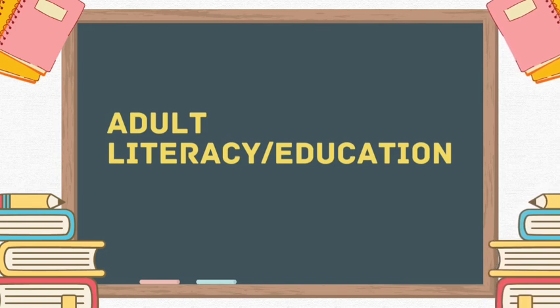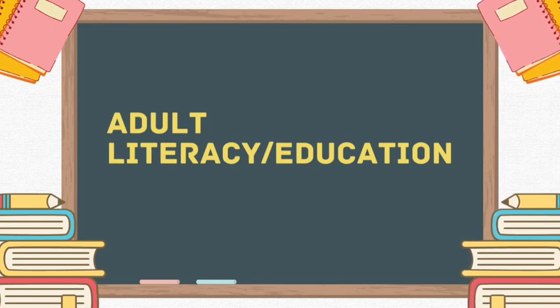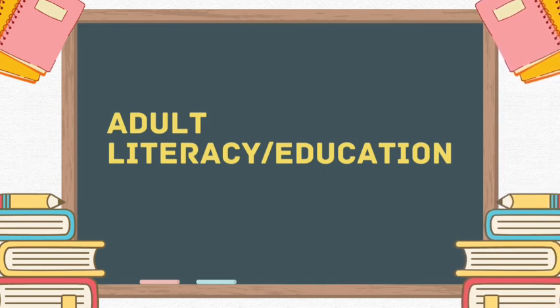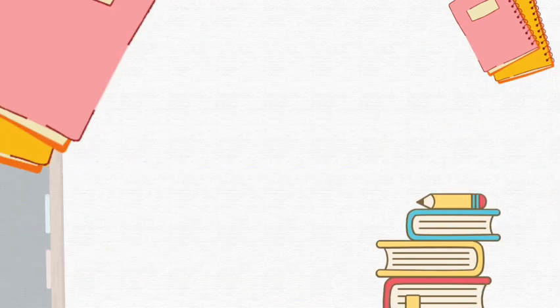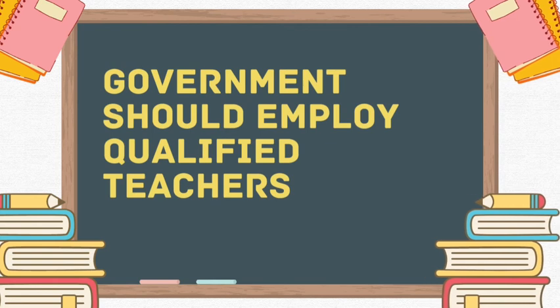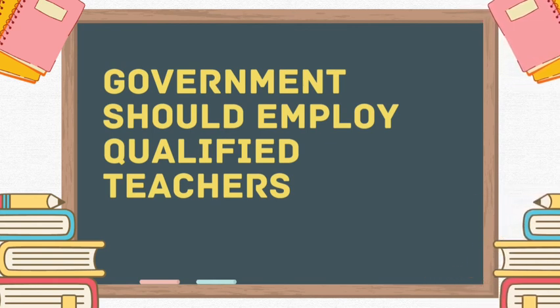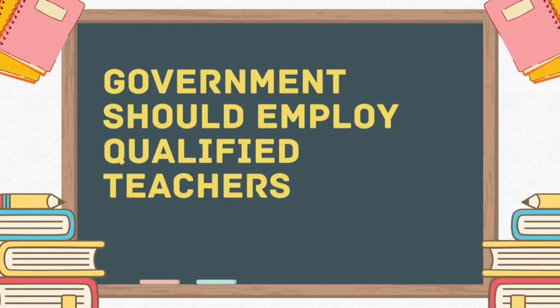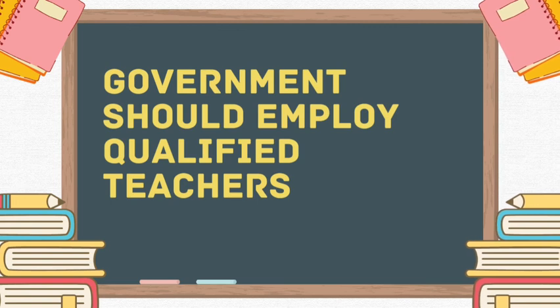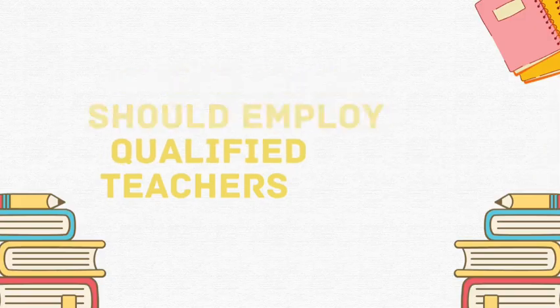Then we have adult literacy education. For those who may have missed the opportunity of going to school, something can still be done by going for adult education. There are schools for adults where they can read and write. Then government should employ qualified teachers in the various schools, especially in the public schools.